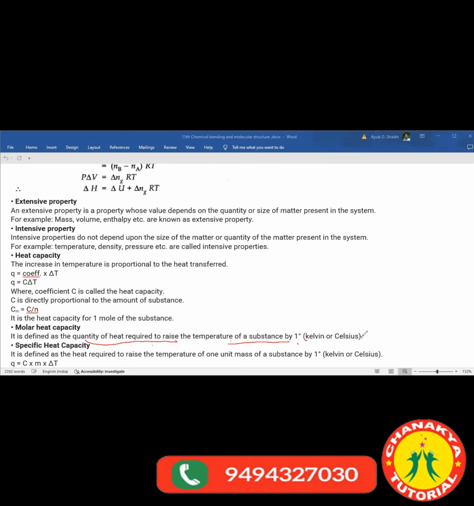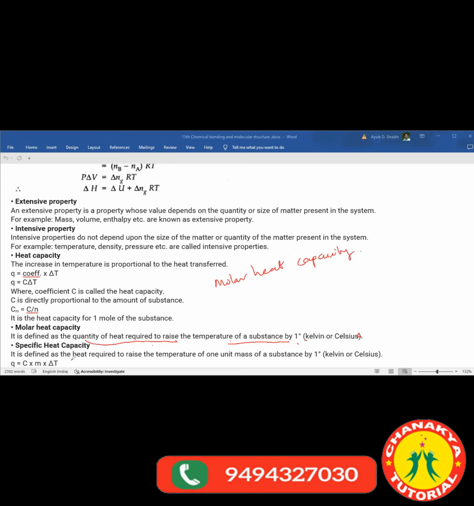That would be in Kelvin or Celsius; it doesn't matter. So the amount of heat required to raise the temperature of a substance by 1 degree in Kelvin or Celsius is called the molar heat capacity.